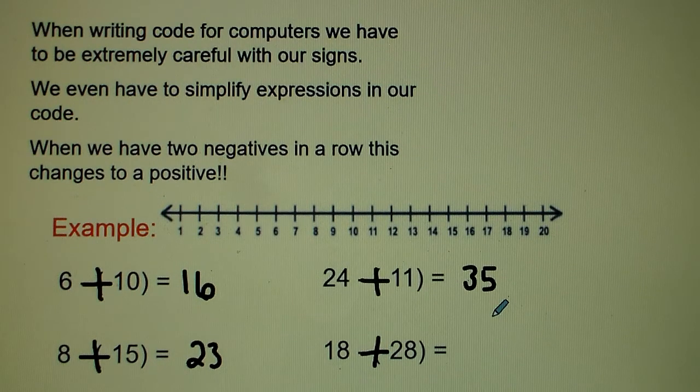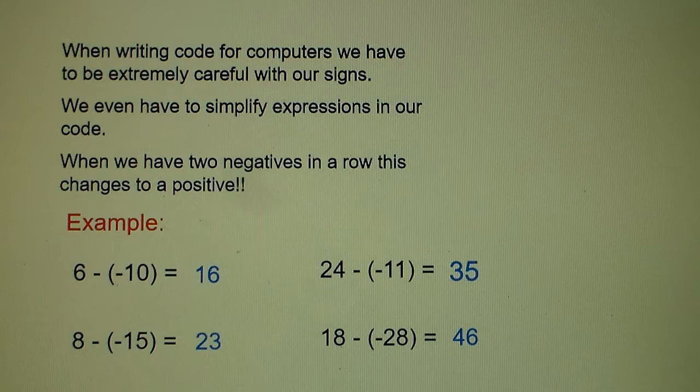So 18 plus 28 gets you 46. Once again, you could use a number line to help guide you along.